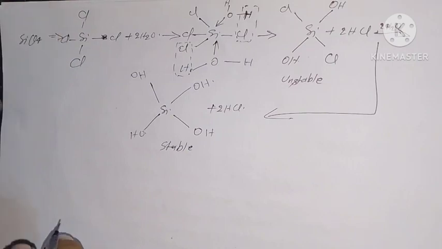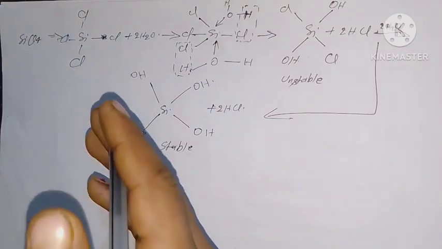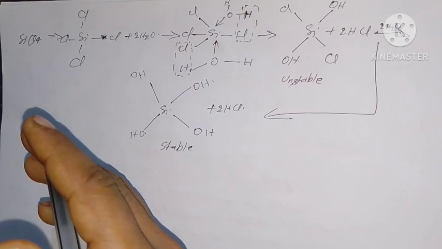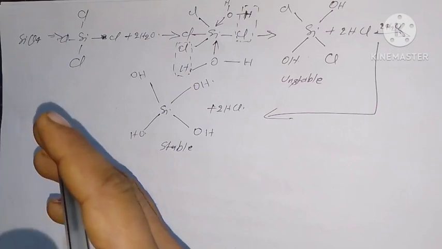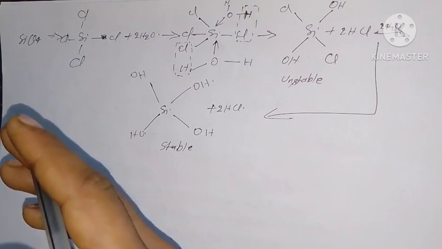Germanium tetrachloride and germanium tetrabromide are more readily hydrolyzed than the silicon halides.